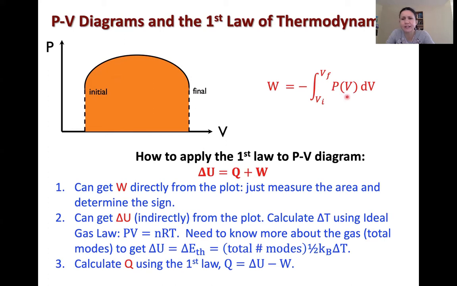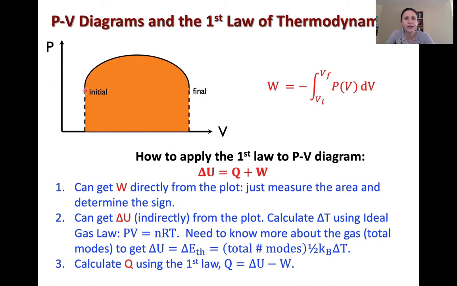In Physics 7, we don't do too much calculus, so you might see some very simple integral examples, but mostly we'll only expect you to be able to do areas if it's something simple like a triangle or a straight line like a rectangle. Also make sure that you determine the sign of the work. For this particular example, the volume is increasing, so work will be negative.